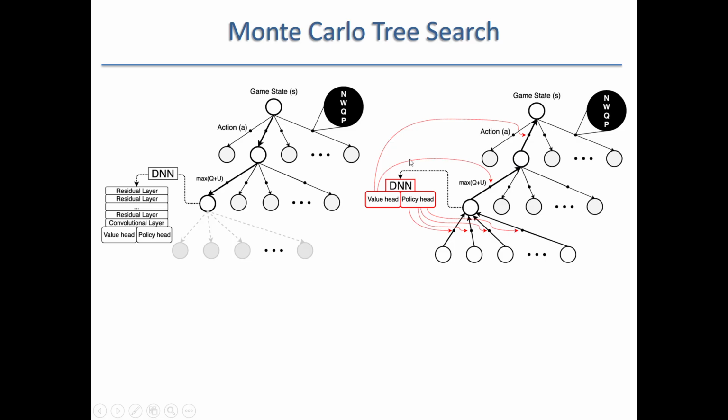The neural network comes in the evaluation of what we think is the value of that state, and what is the policy: given this state, what is the best action that we can perform, and the value: given this state and this action, what is the expected reward that we will get.